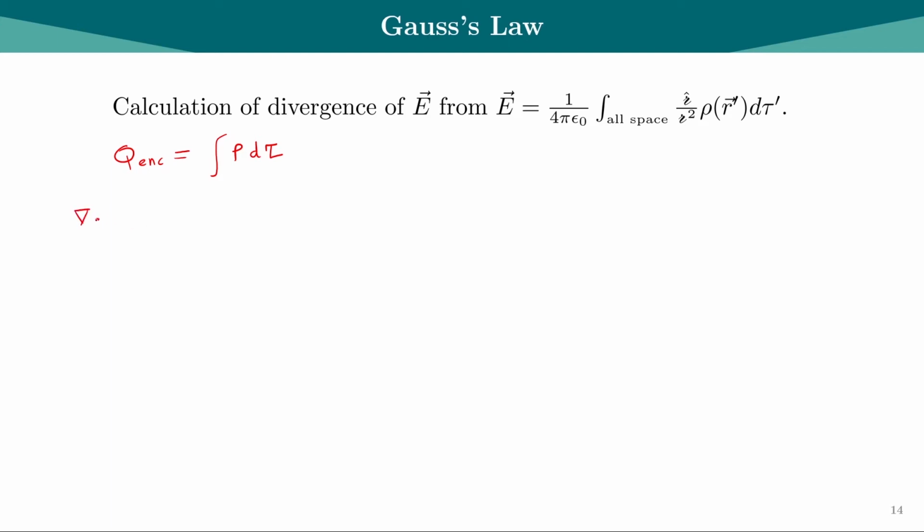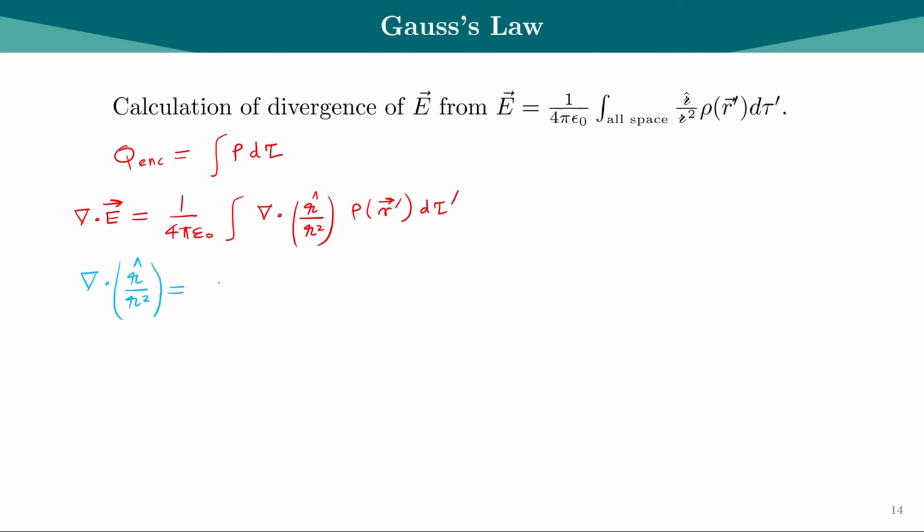Now, when we take the divergence, that is del dot E, this is equal to 1 over 4 pi epsilon 0 times the integral of del dot r hat over r squared times rho of r prime d tau prime. Now recollect this equation involving the Dirac delta function: del dot r hat over r squared equals 4 pi del cubed of vector r.